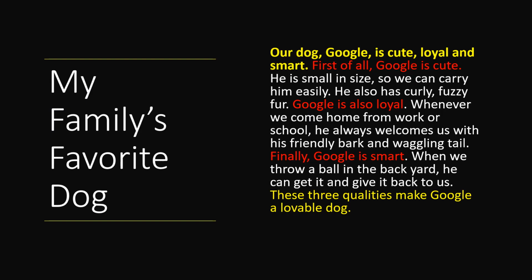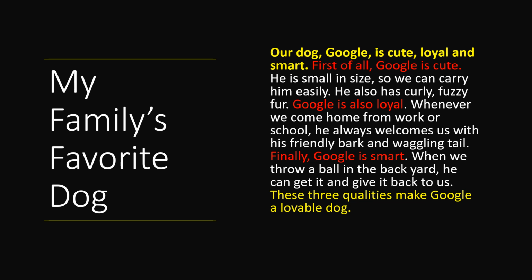Alright, so this is my paragraph. Would you please stop this video for a while and read the paragraph? After you read this paragraph, you can identify that I have my topic sentence in the very beginning of this paragraph: our dog, Google, is cute, loyal, and smart.